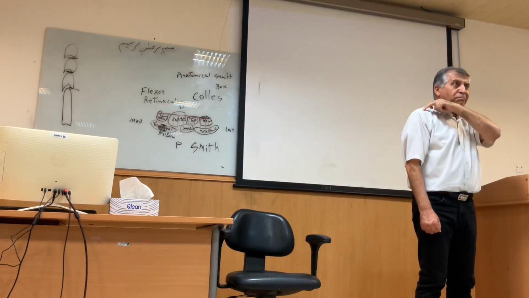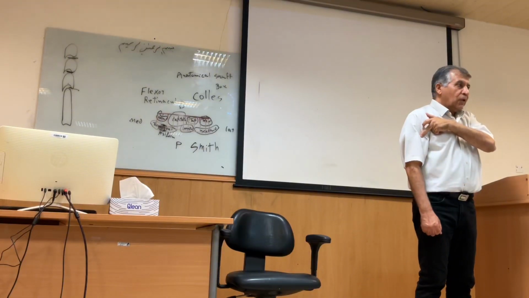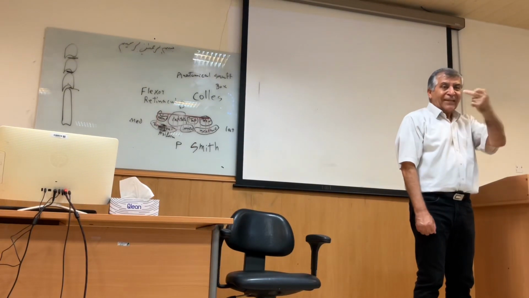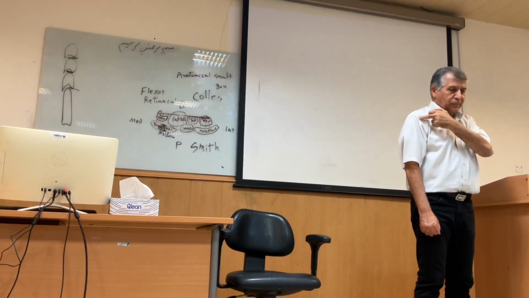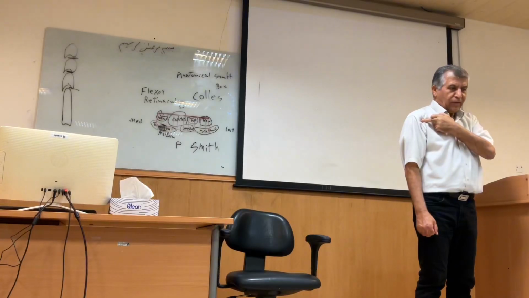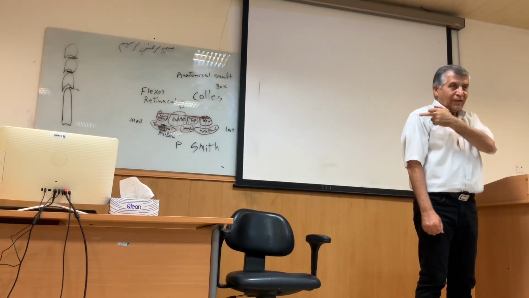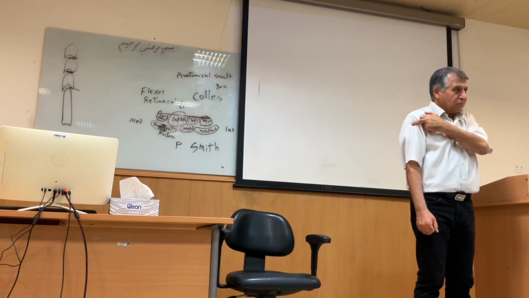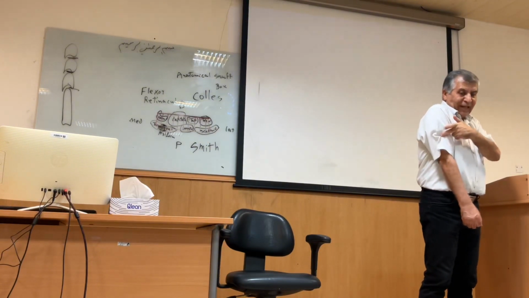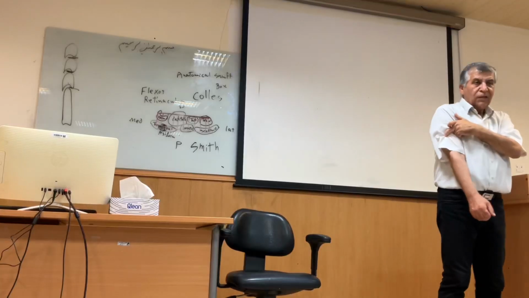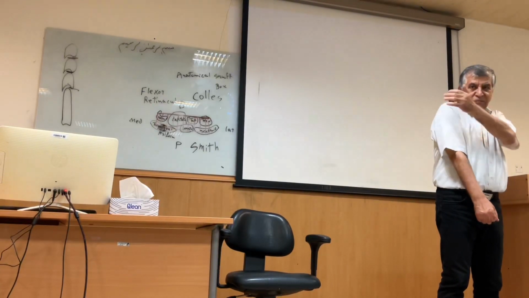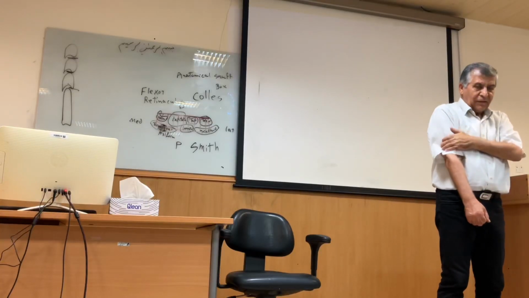Which structure lies in it? The long head of biceps. Which muscles attach to it? Latissimus dorsi, medial border; teres major, lateral border. This tuberosity on the lateral side of the body is the deltoid tuberosity, because the deltoid attaches to it.